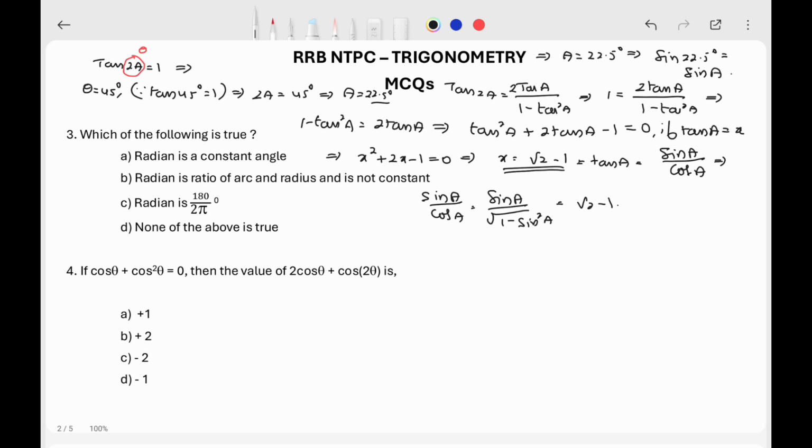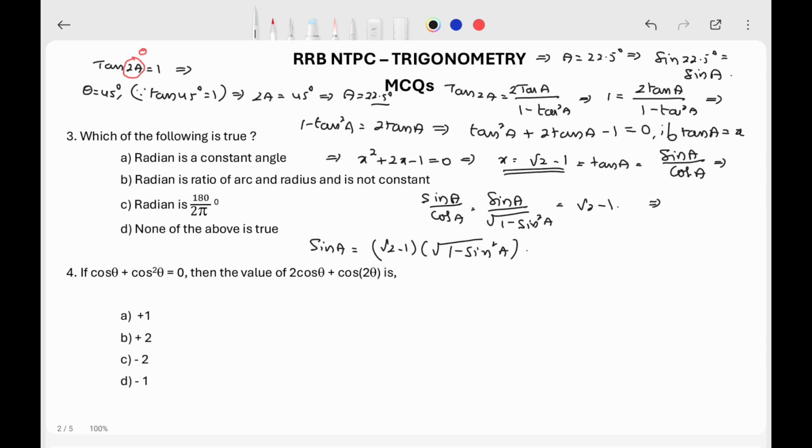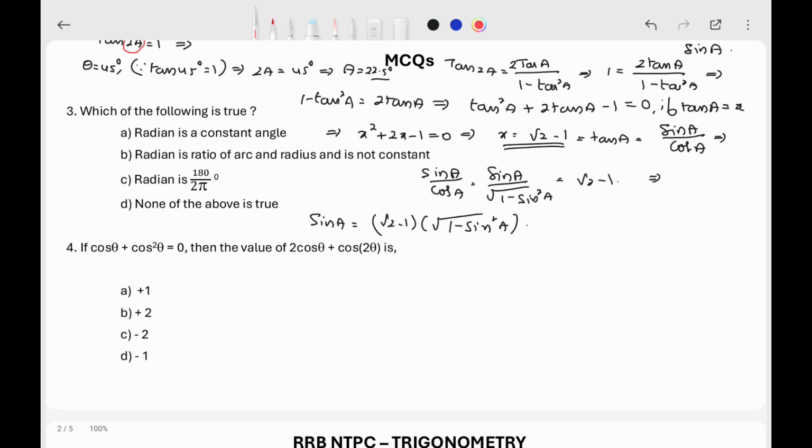Do you agree? Which involves again solving the quadratic equation. Sin A is equal to root 2 minus 1 into square root of 1 minus sin square A. Solving this, you take it as homework and get the answer.